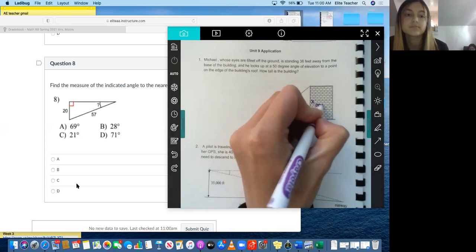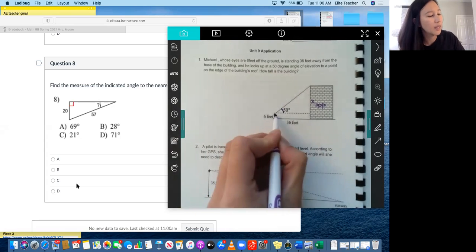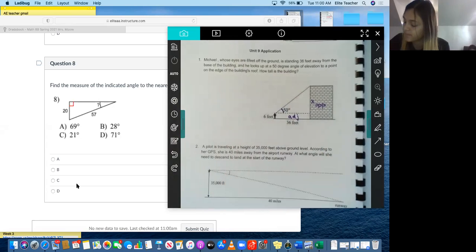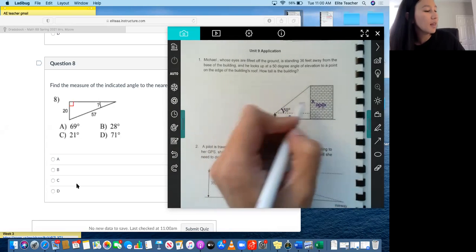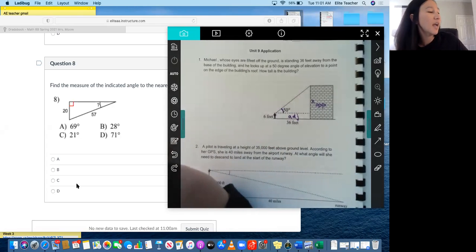The opposite. And then the 36 feet is what? Is that the adjacent side or the hypotenuse? Adjacent. Very good, Jake. Okay, so in order to find this side, are we going to use sine, cosine, or tangent?